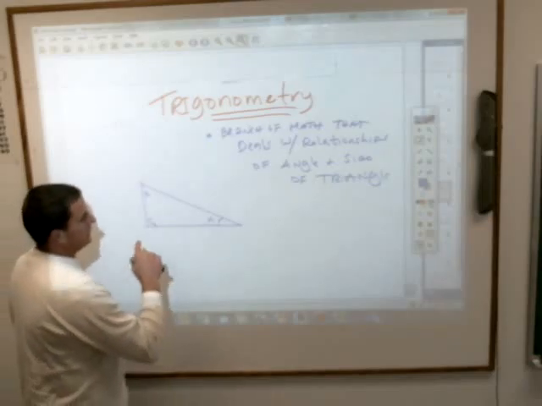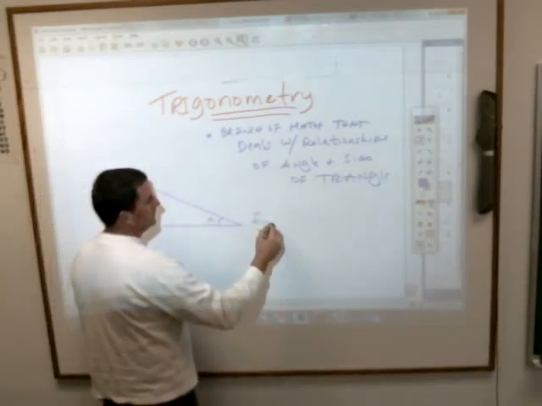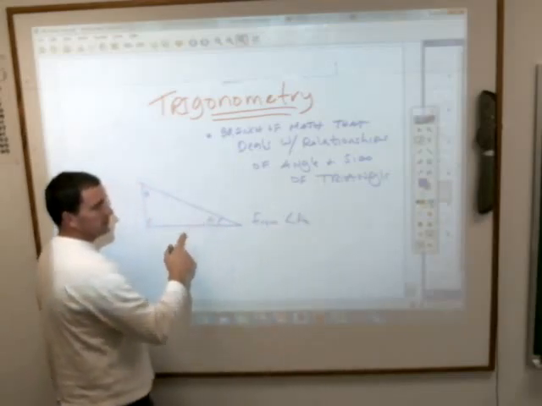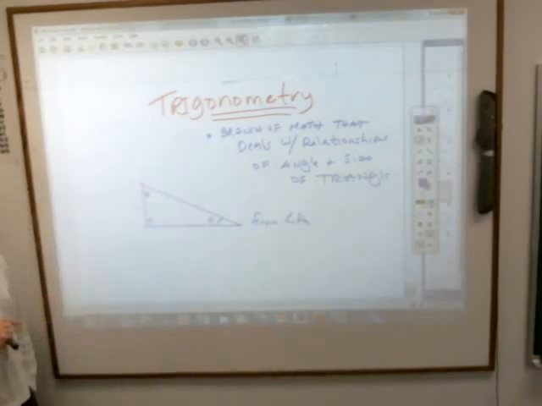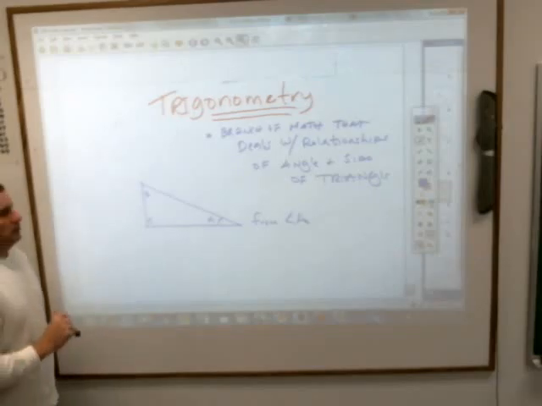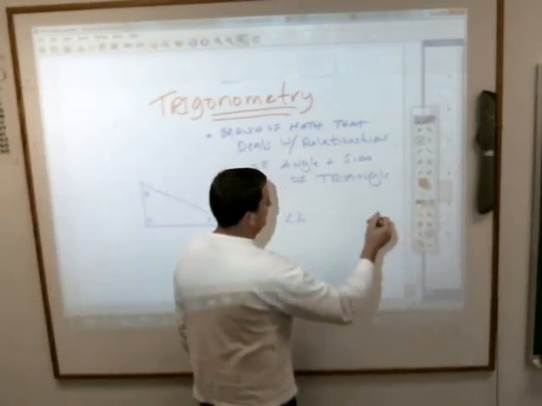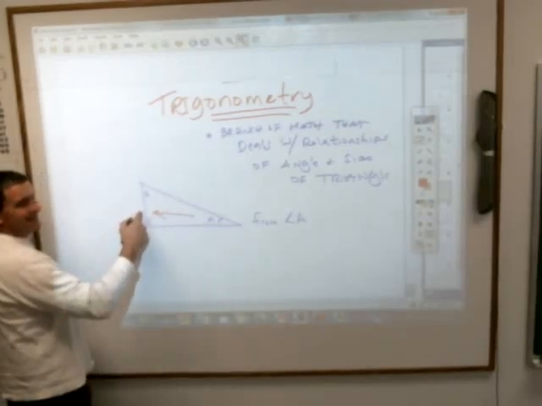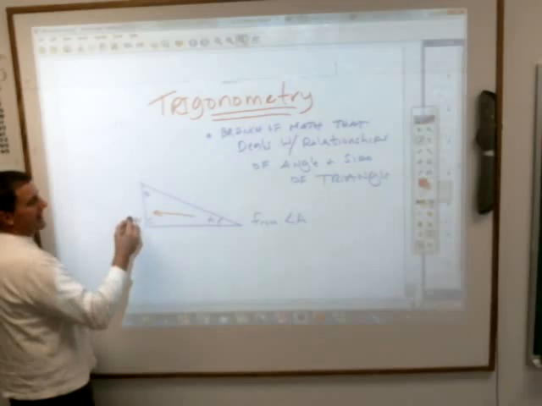If you are looking at this from the perspective of angle A, that's the one we're going to look at first. You just have to be able to define these terms. You have to know that if you look at angle A and shoot directly across from it, this side here is called its opposite side.